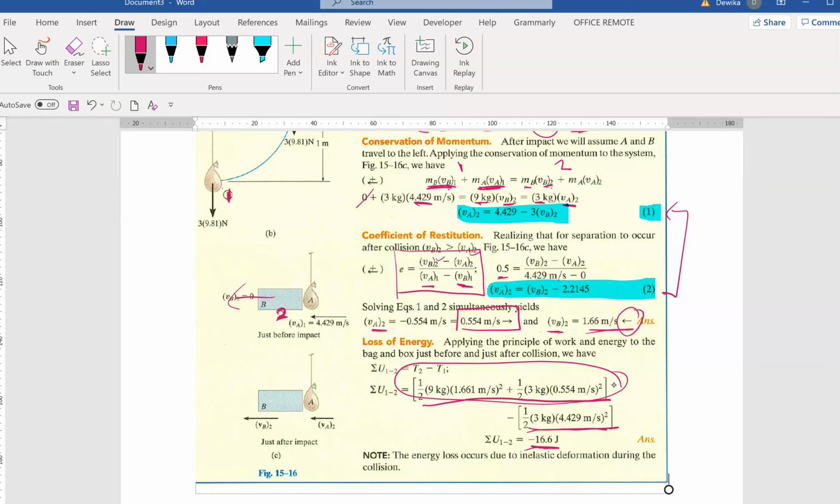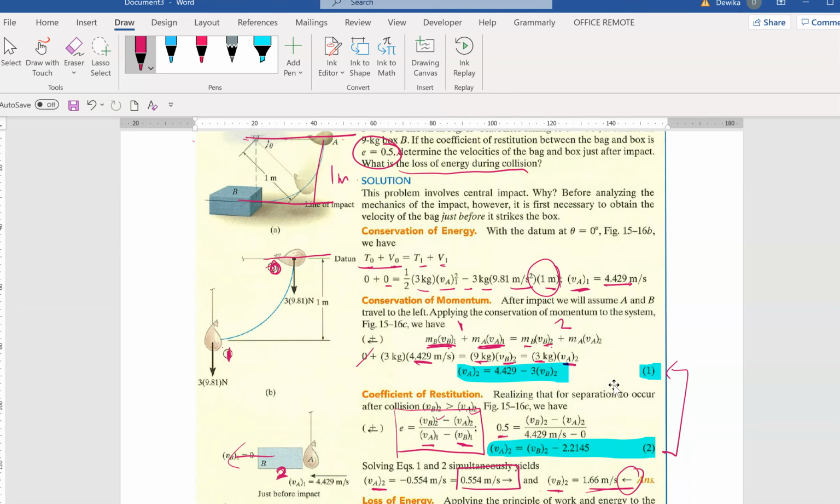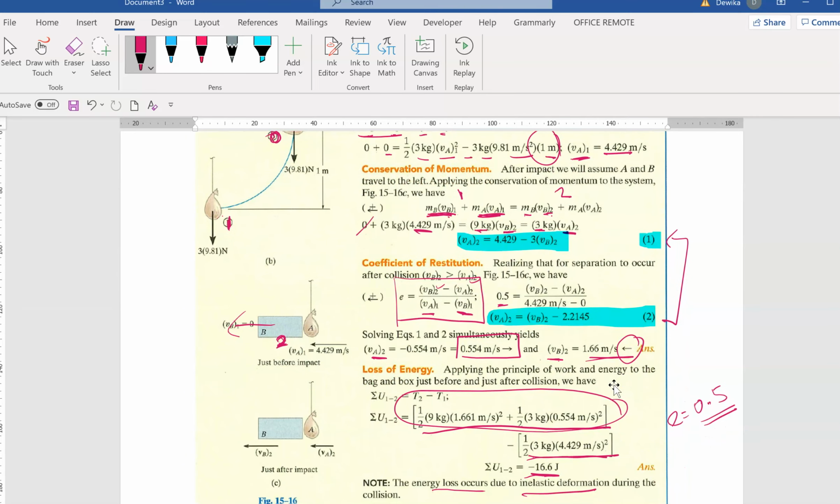That is the energy loss due to the inelastic deformation. When e is 0.5, it means about 50% plastic deformation and 50% elastic, because the value of e in the question is 0.5.